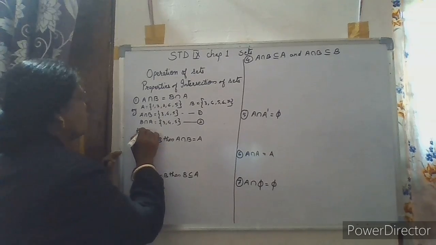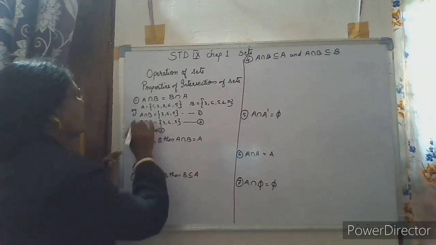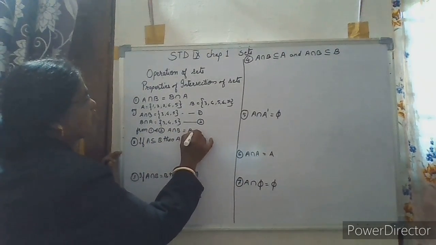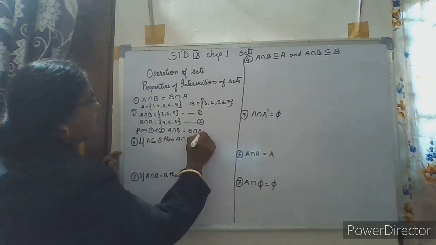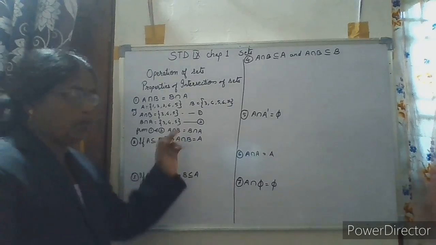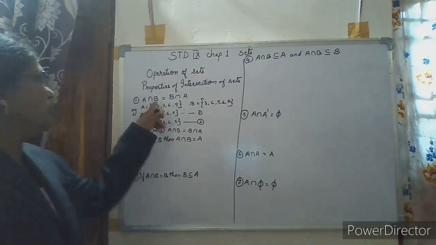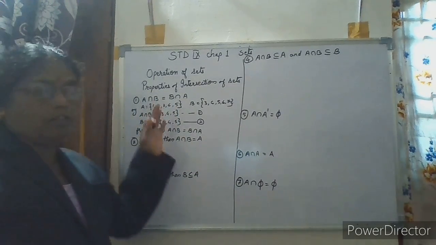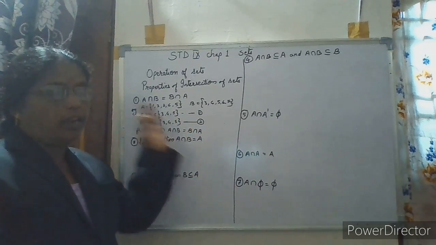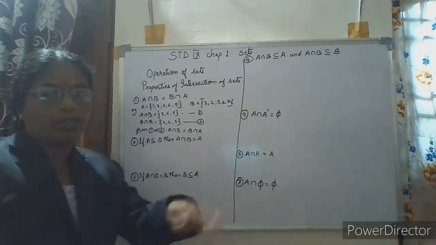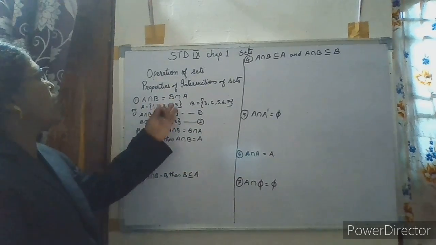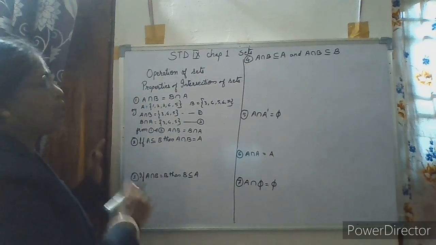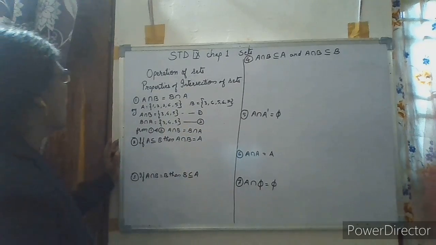So from 1 and 2, we can say that A intersection B is equal to B intersection A. So this is the first property, that always A intersection B is equal to B intersection A. In other words, if you take any other sets, suppose set C and D, then C intersection D will be equal to D intersection C. So for any two sets, the intersection relation is the same.